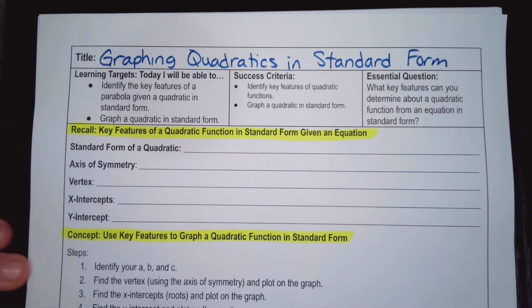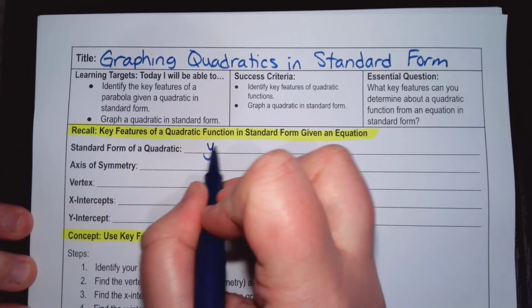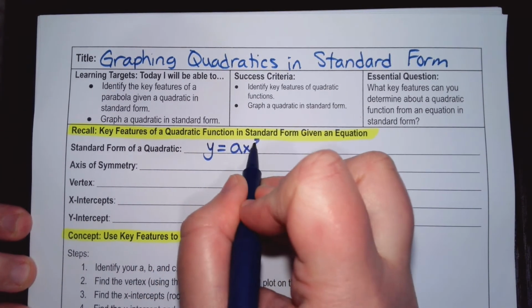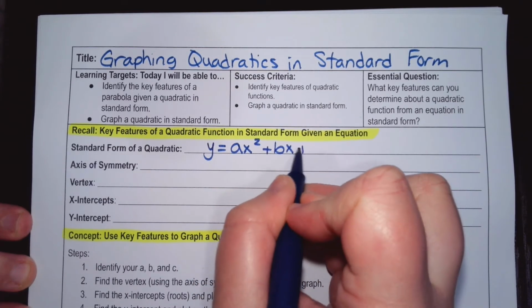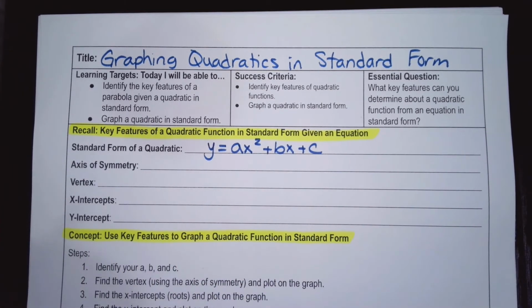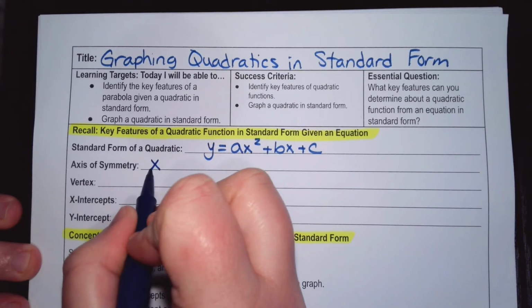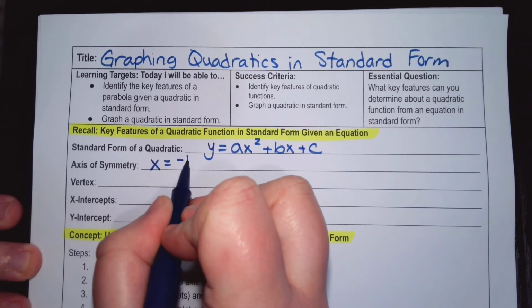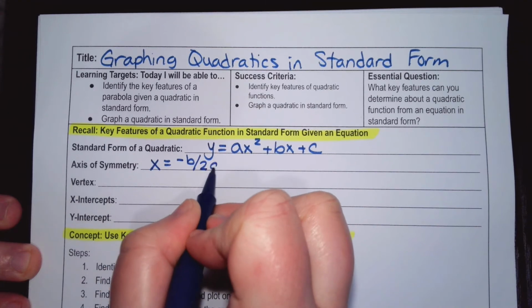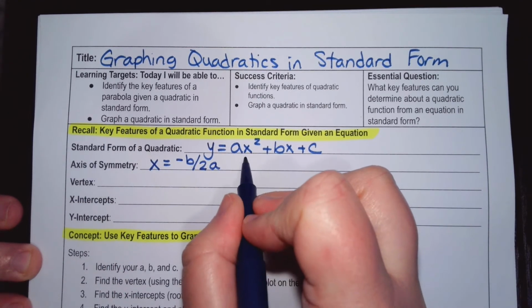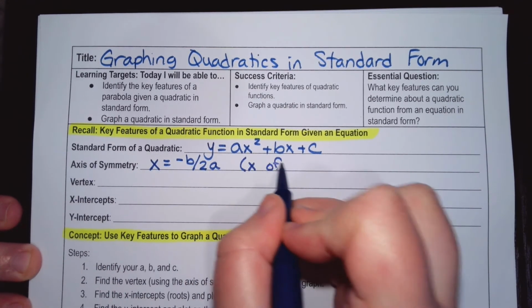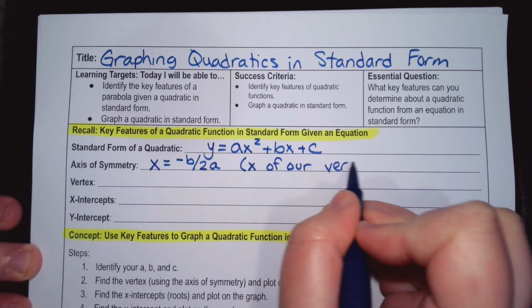First, we have the standard form of a quadratic, which is y is equal to ax squared plus bx plus c. So the first thing you're going to need to know how to do is to find the axis of symmetry. Remember, we have a formula, x is equal to negative b all over 2a, and this tells us the x of our vertex.